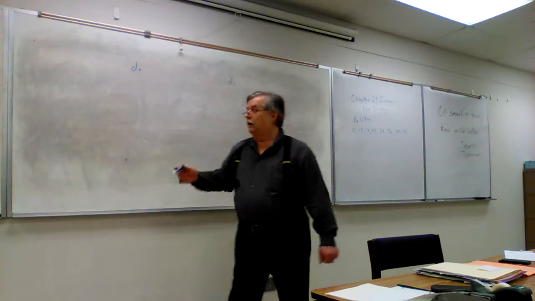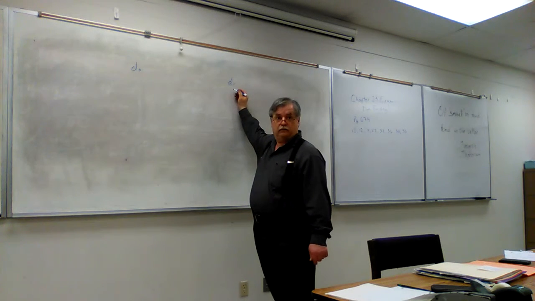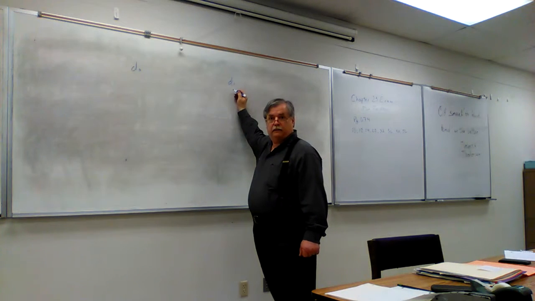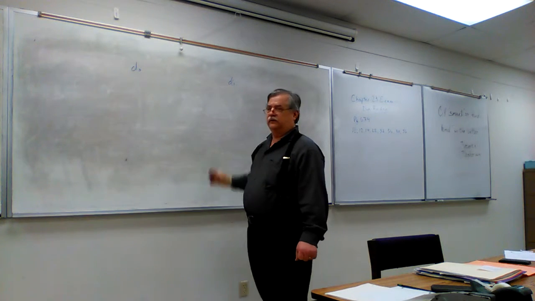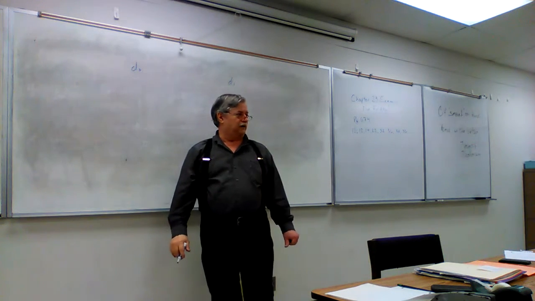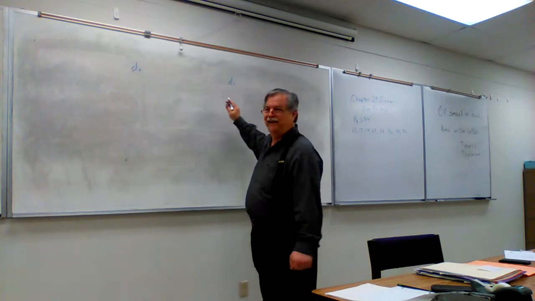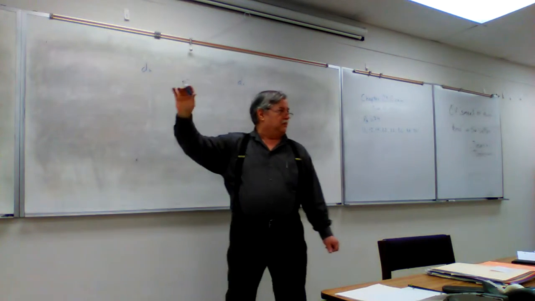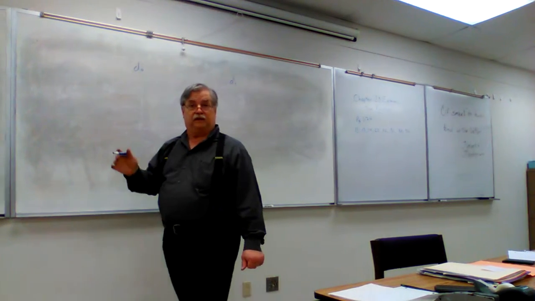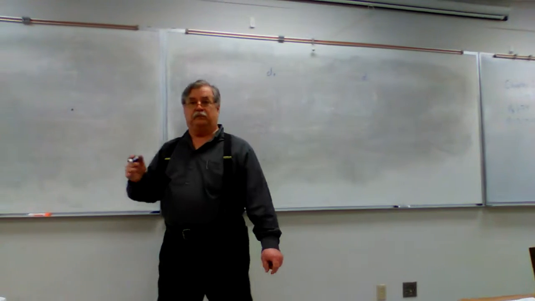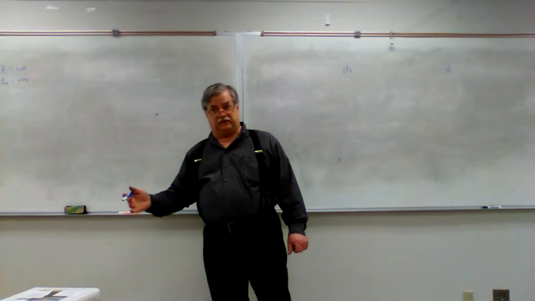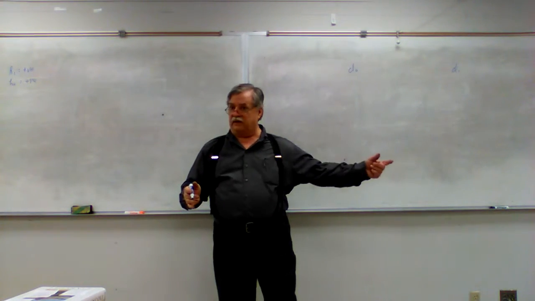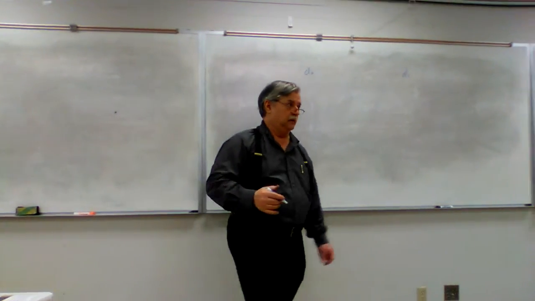Okay. Here, a negative image distance. Boy, these things can get hard to say, huh? A negative image distance would still mean it's a virtual image, but it would be on the light side of the lens, not the transmitted side of the lens.